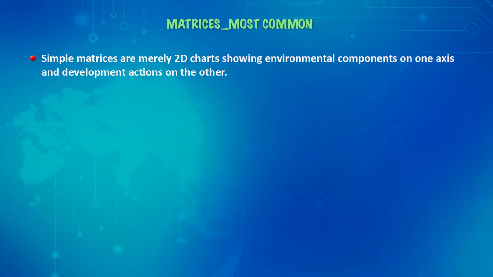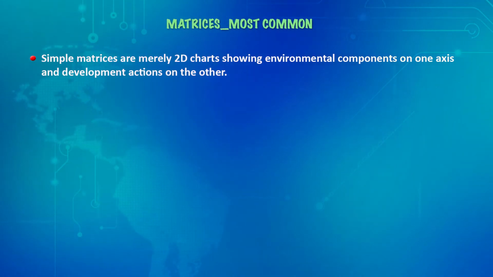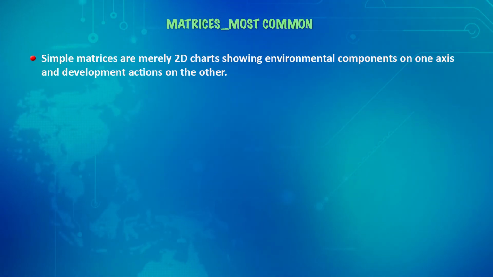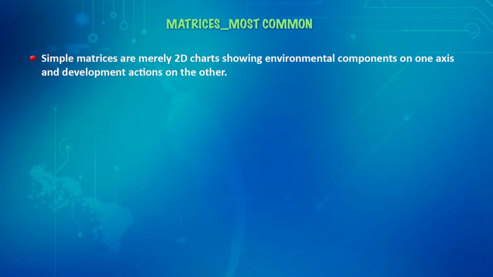The simplest one is the simple matrices. When you talk about the simple matrices, basically they are two-dimensional charts showing the environmental component on one axis and the development action on the other. As I told you, it's basically a two-dimensional one.